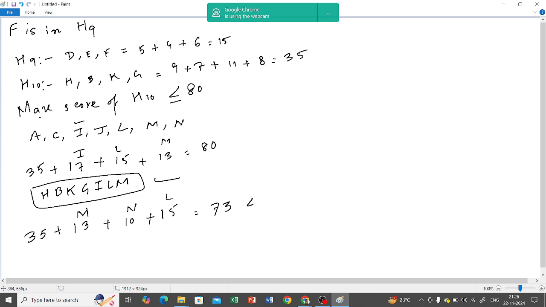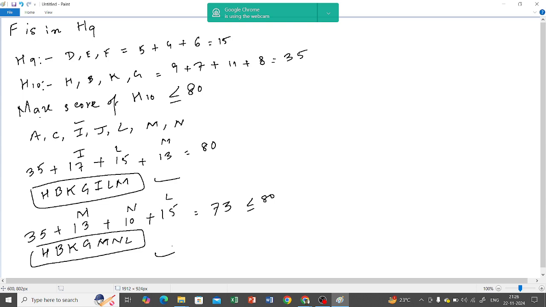So this is also less than or equal to 80. So that means I can use this HBKG. Okay, understood? This is a valid team.